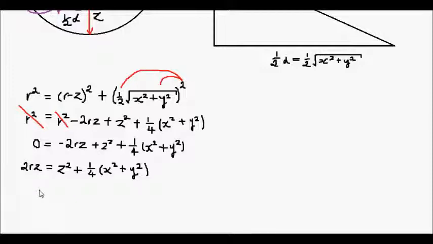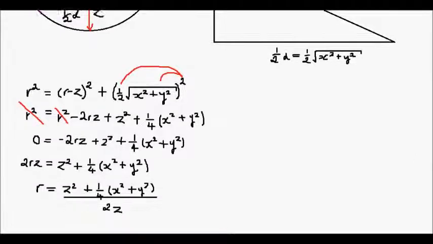And now I'm going to divide both sides of the equation by 2 times z. So that's going to leave me with just r, the radius, on the left hand side, and z squared plus 1/4 times (x squared plus y squared) all over 2z.